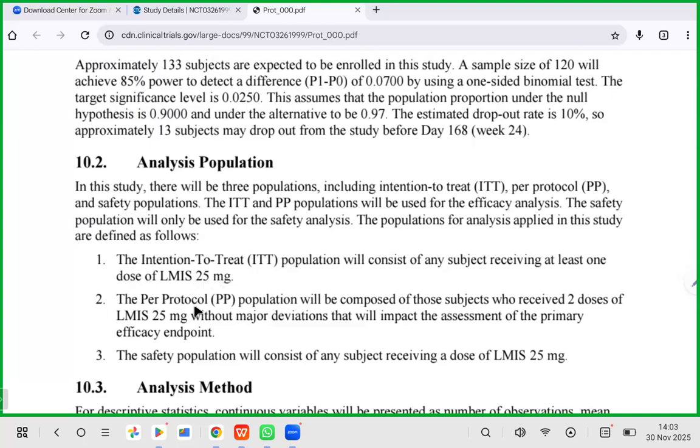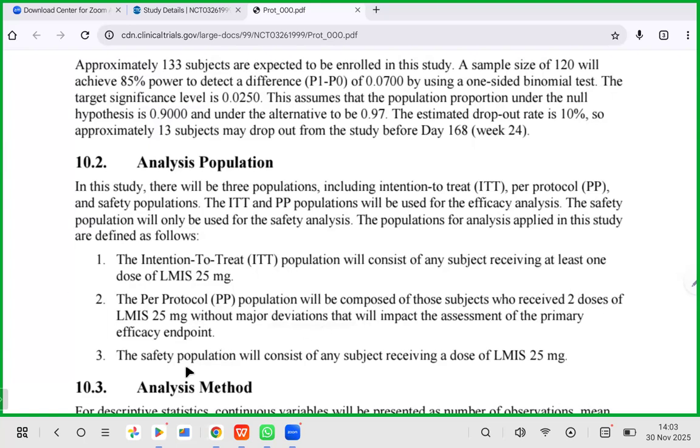Another population is the per protocol population. This means they would have received two doses of the drug. Intention to treat means at least one dose of the drug; per protocol means two doses of the drug.